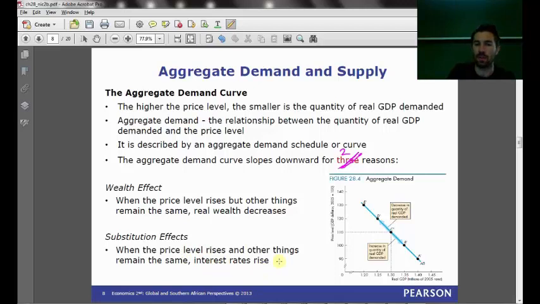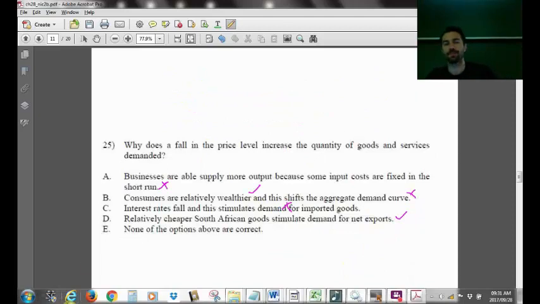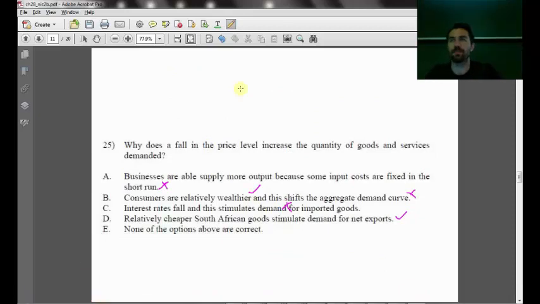There's the intertemporal, and there's also the foreign, the international. Okay. Which makes D correct. That discussion is on page 637, if you want a page reference.